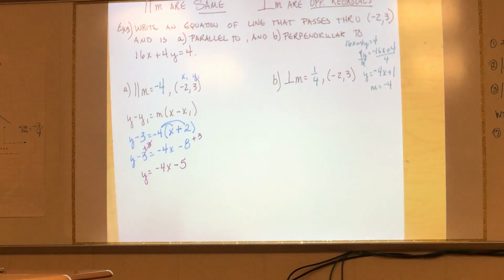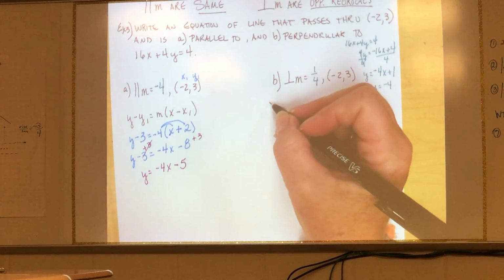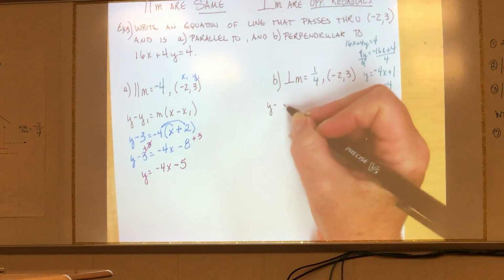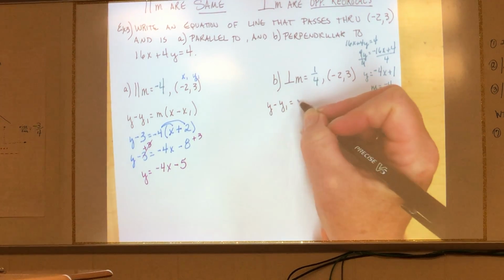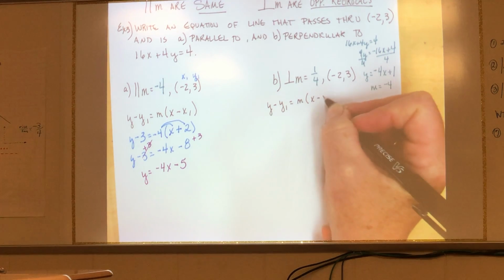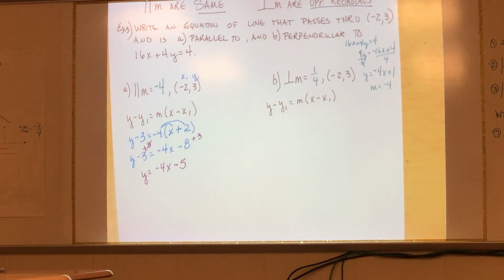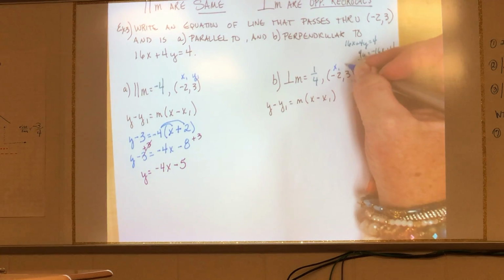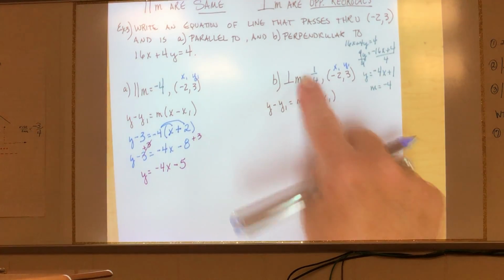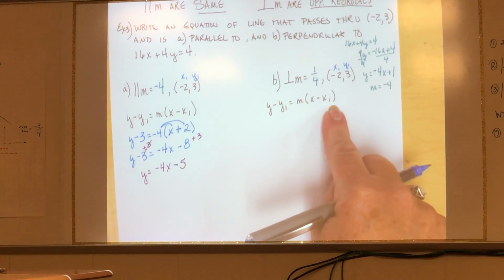Are you ready? Yes. Okay, so point slope formula. You write it down. Okay, you should have written y minus y sub 1 equals m times x minus x sub 1. Okay, remember this is my x sub 1 and my y sub 1. There's my slope. That's what I'm plugging in, this guy right here.